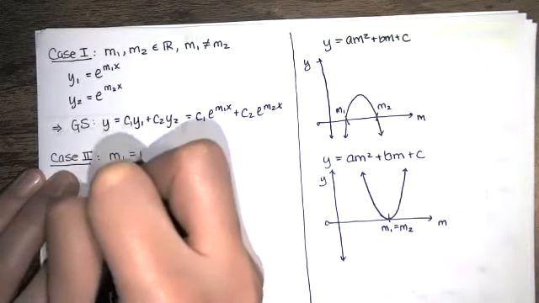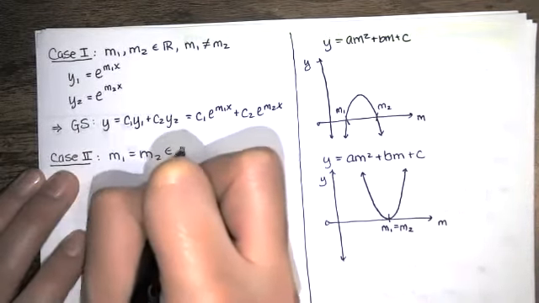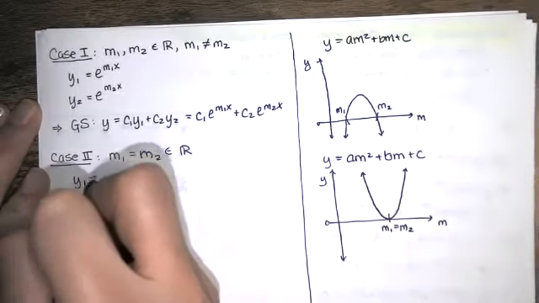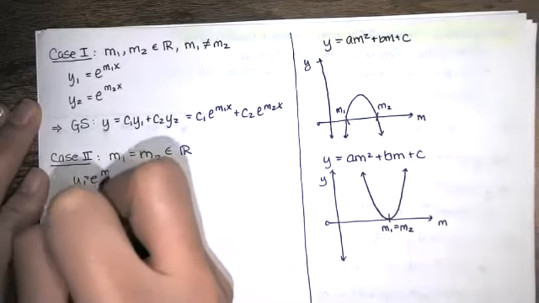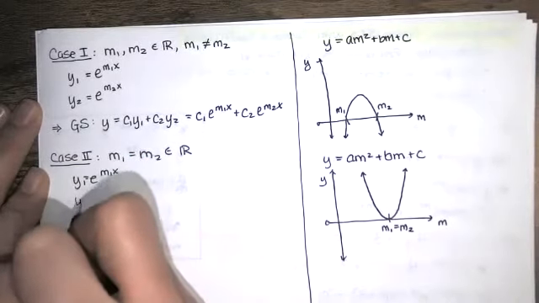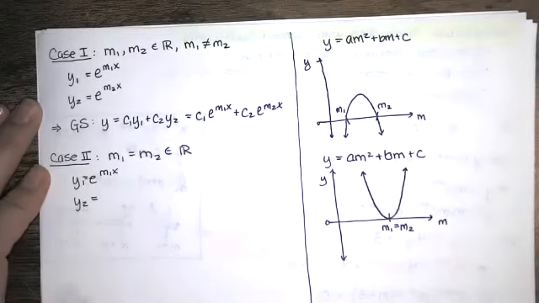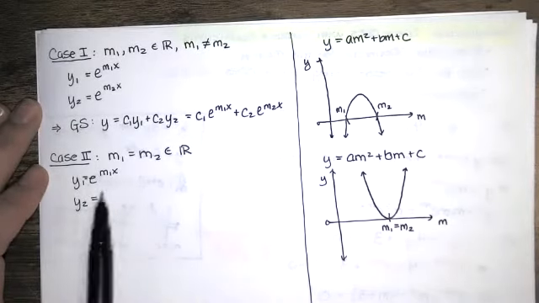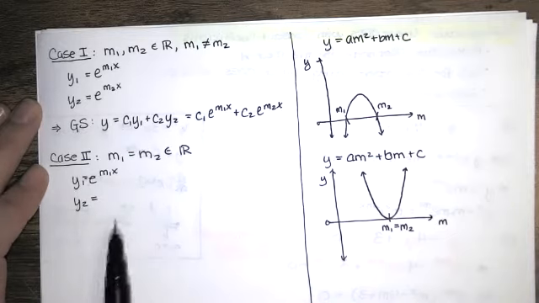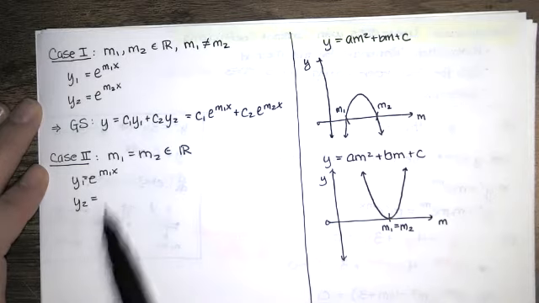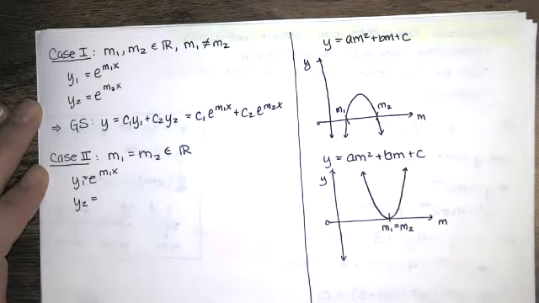So m1 and m2 might be real numbers and they might be equal to each other. Then our first solution is y equals e to the m1x. Now our second linearly independent solution can't be y equals e to the m2x, because then it's the same as y equals e to the m1x, and we'll have two solutions that are not linearly independent.